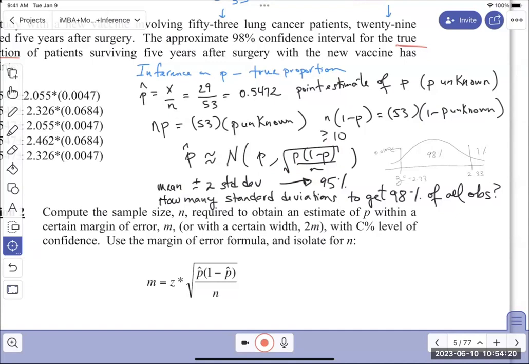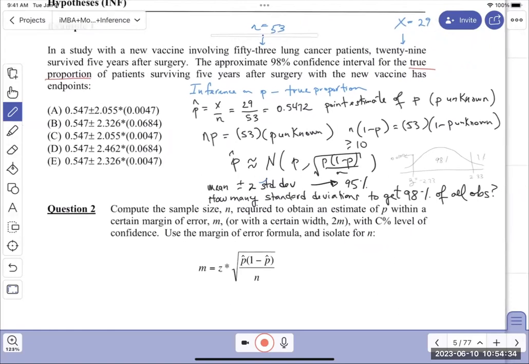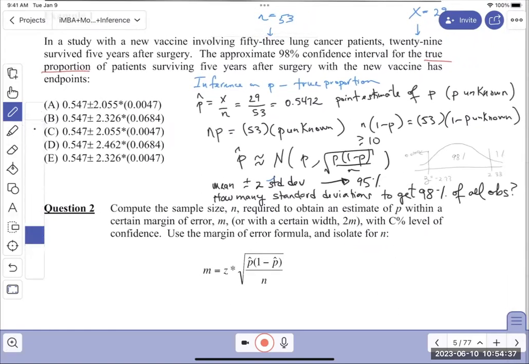So far, then, I have 0.547 plus or minus, not 2, but 2.33 standard deviations. And the standard deviation, I've got to calculate that. So I need to find the standard deviation.